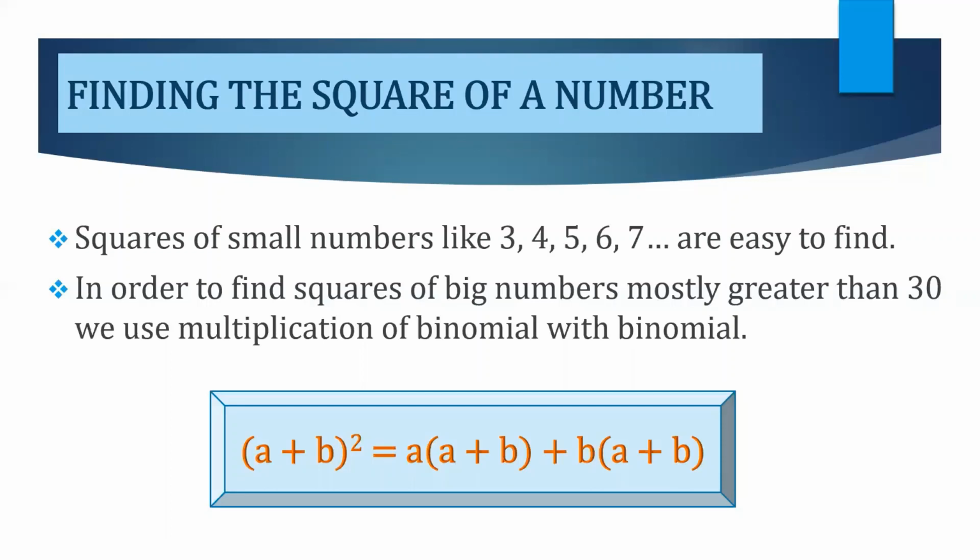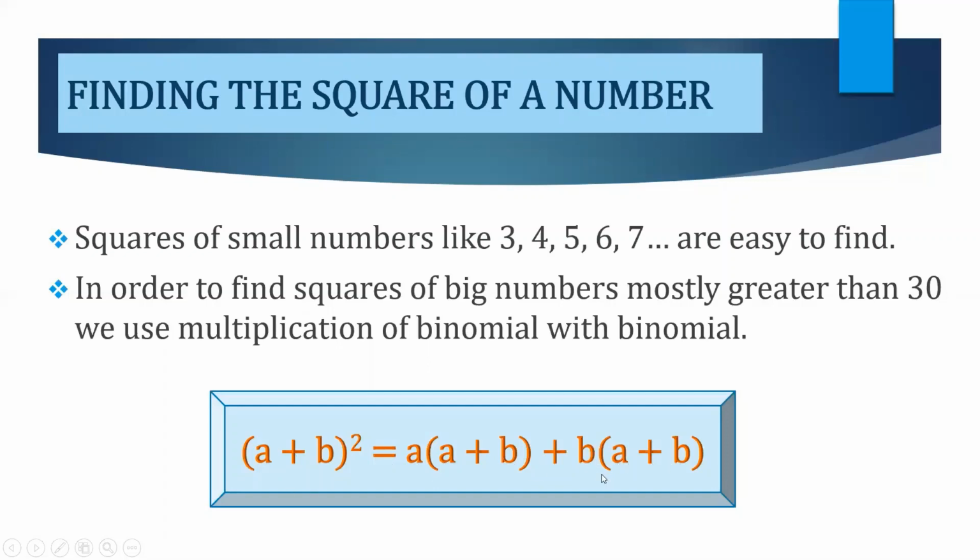So where you are multiplying two binomials with each other, we know that square means we are multiplying the same number with itself. So here, if we have to find (a plus b) whole square, then we will write it as a into (a plus b) plus b into (a plus b).